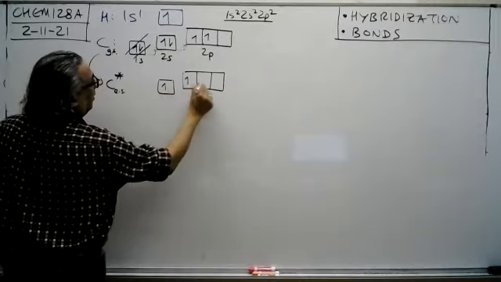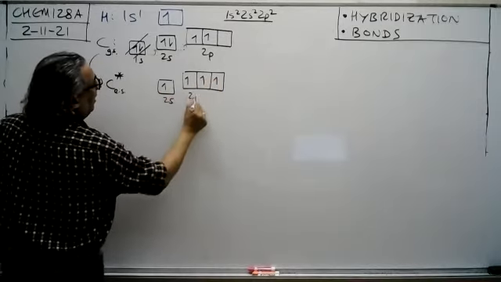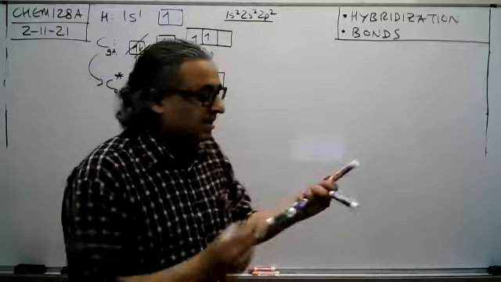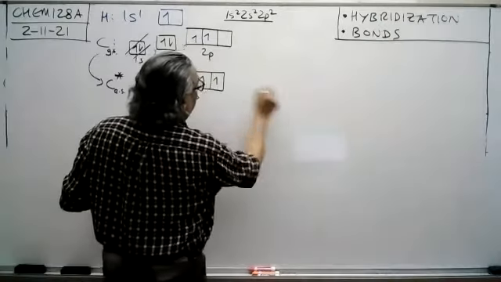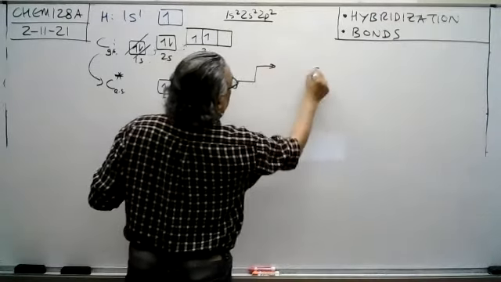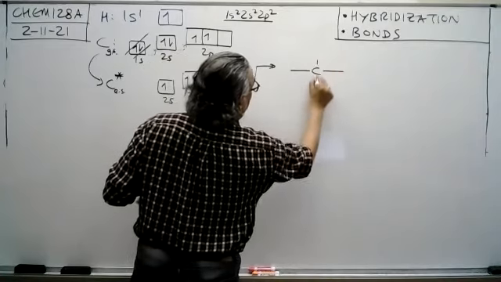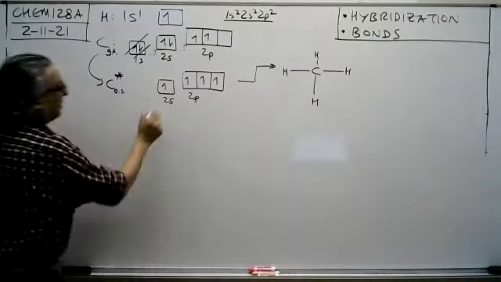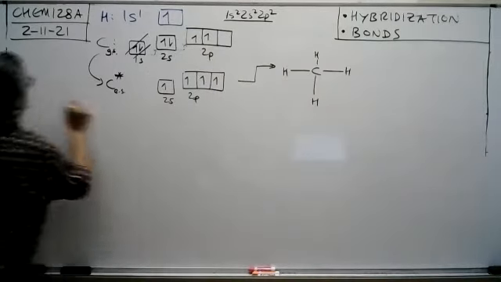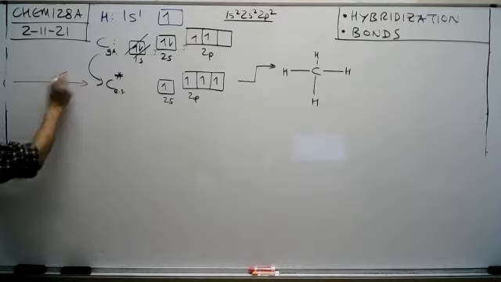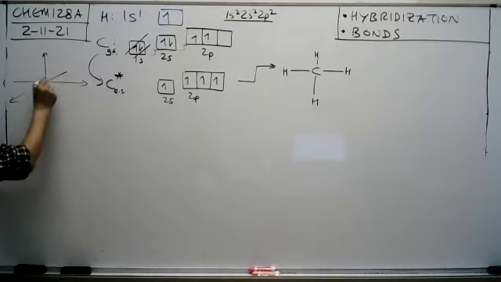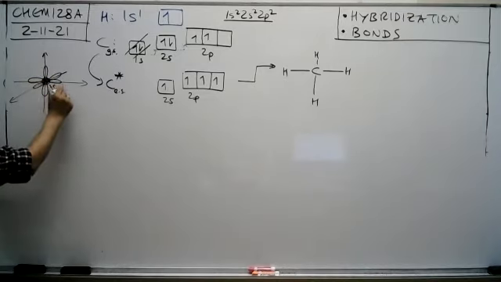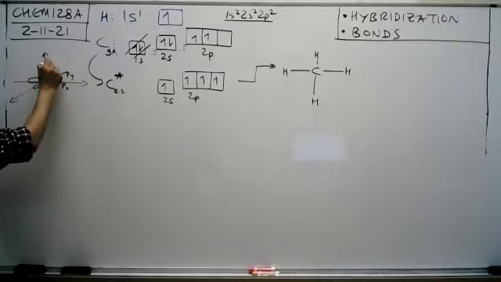Okay, 2s and 2p. But if that were the case, we already talked about it, this would lead to a methane molecule that looks like this. The s orbital is smaller, 2s, and these are the p orbitals: px, py, and pz.